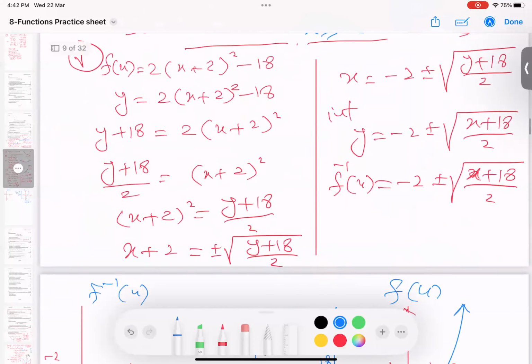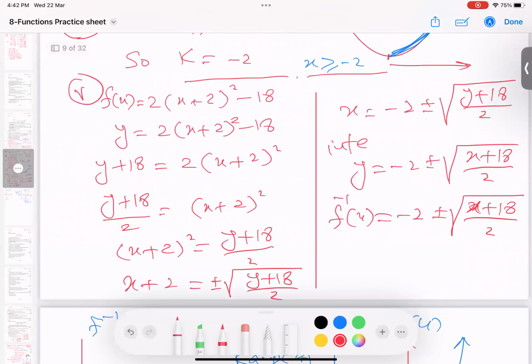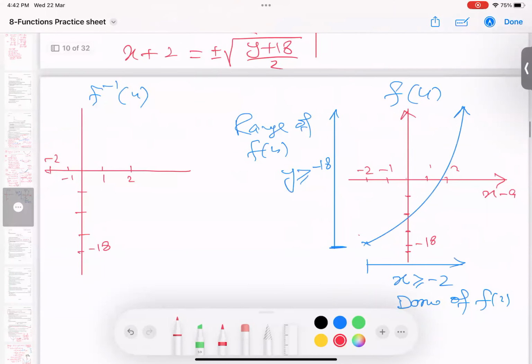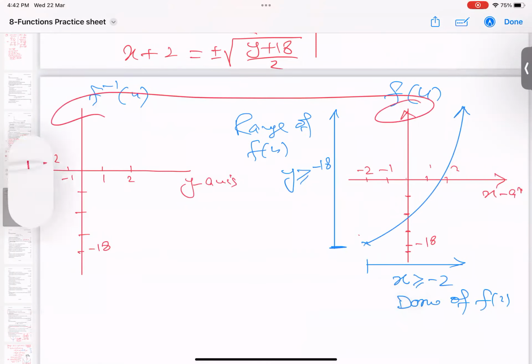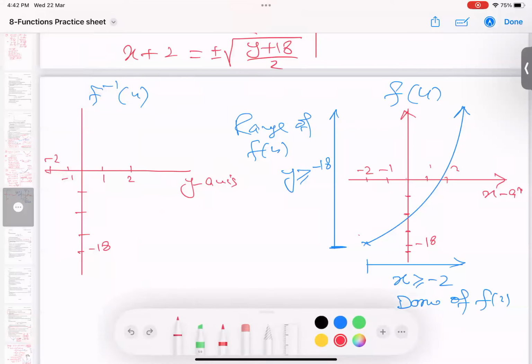And you know that for an inverse we always interchange. What does interchange mean? x becomes y and y becomes x. You know it very well. So this x-axis will become the y-axis, and this y-axis becomes the x-axis. I'm writing again here. So this becomes the x-axis. Very interesting.